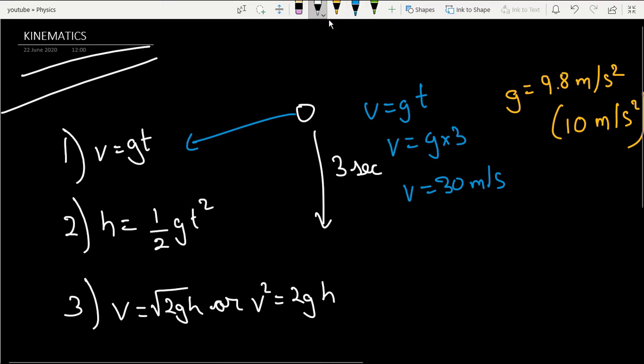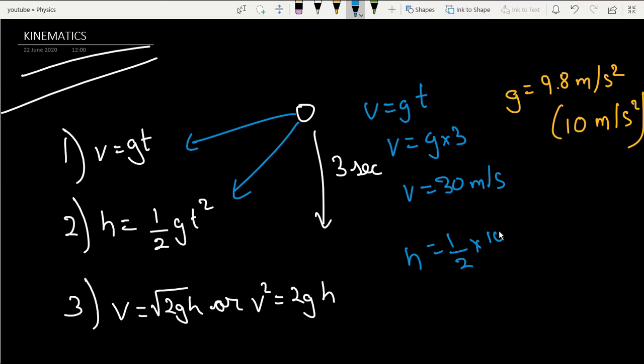So similarly, you can take an example for the second equation also. There's a body which will reach the ground in 3 seconds. You can take the same example. Find the height from which it was being thrown. So we can put the values. h is equal to half into 10 into 3.